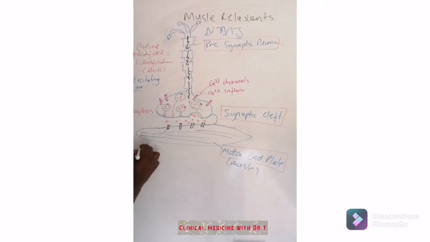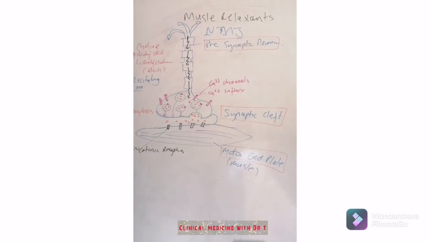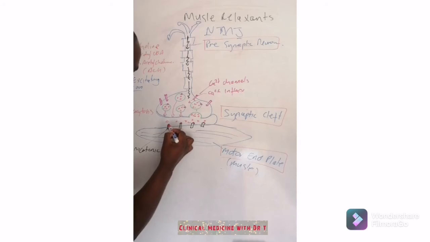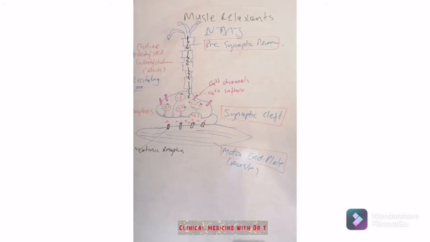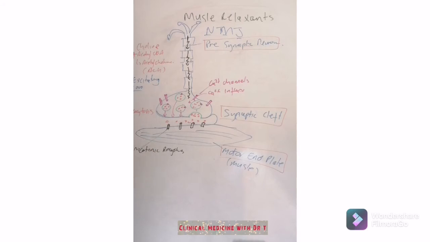The black ones here are your nicotinic receptors. The acetylcholine comes in and attaches to the nicotinic receptors in the motor end plate. When that happens, these receptors undergo a conformational change, a structural change, and sodium starts to come in.